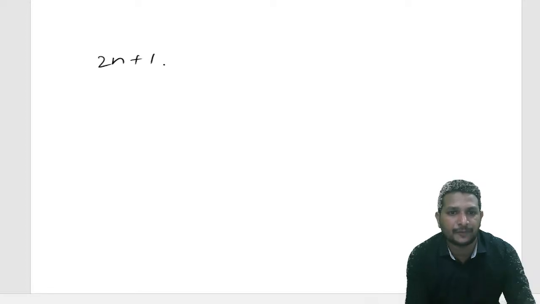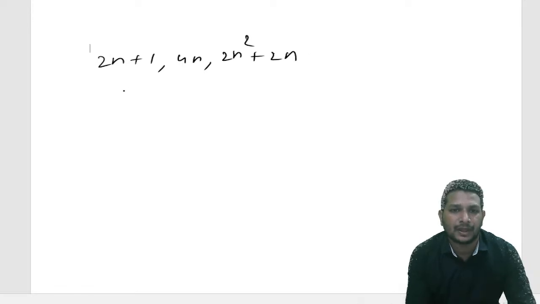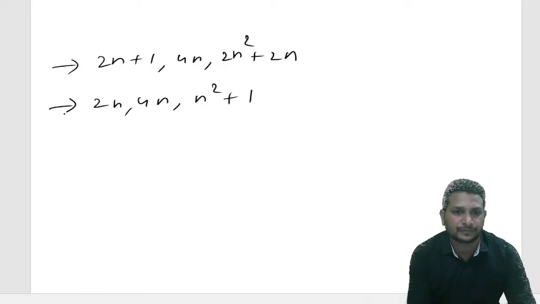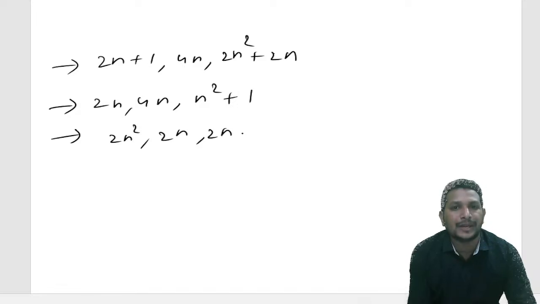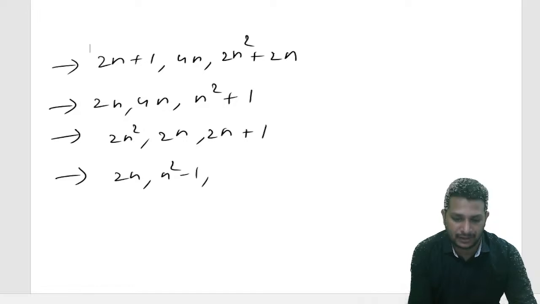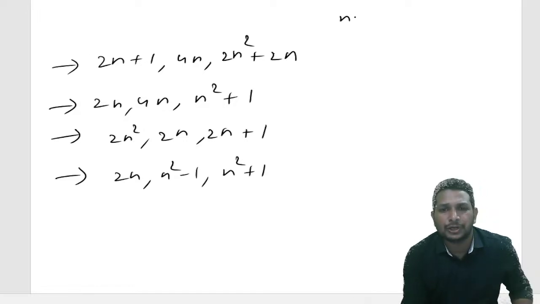So what are the options? The first option: 2n plus 1, 2n square plus 2n. The next option: 2n, n square plus 1. The next option: 2n square, 2n, 2n plus 1. And the last option: 2n, n square minus 1, n square plus 1. n equal to 2 I am taking.